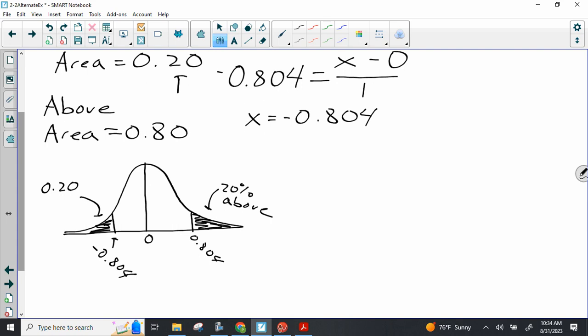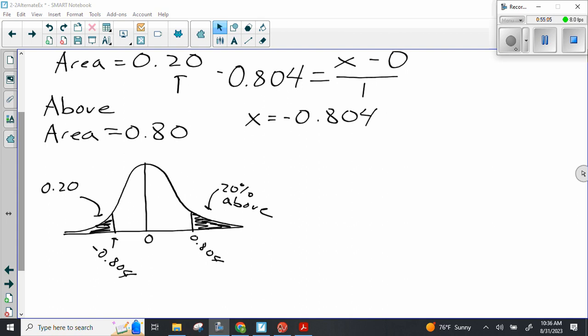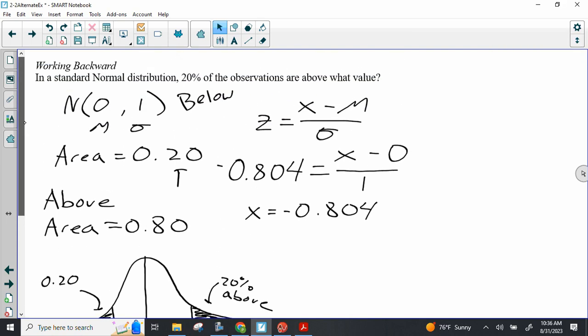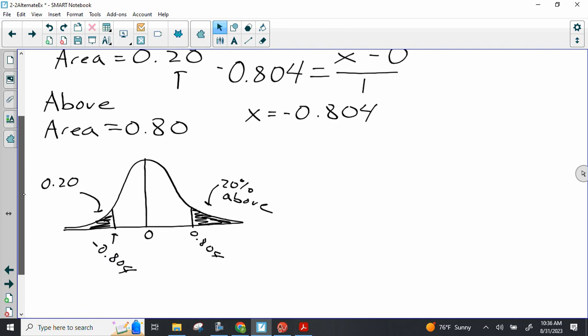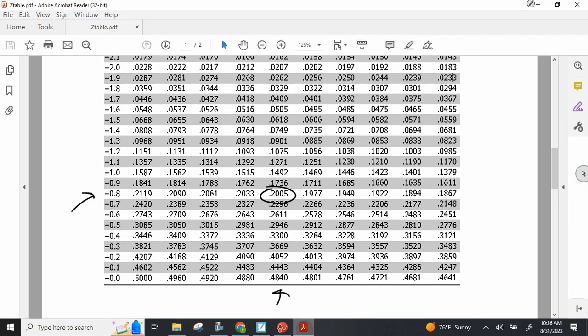All right, now I'm going to show you the cool way to do it, if you think calculators are cool like me. Let's use the calculator now. I want to know the percentage above 0.20. All right, so now I'm going to go almost to the same place in my calculator.